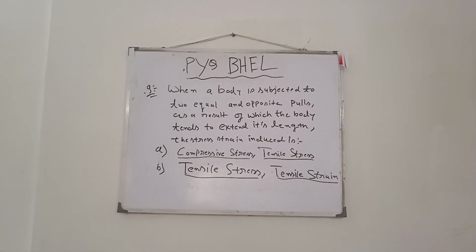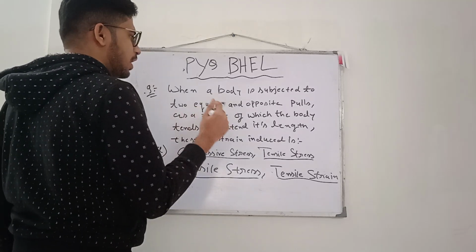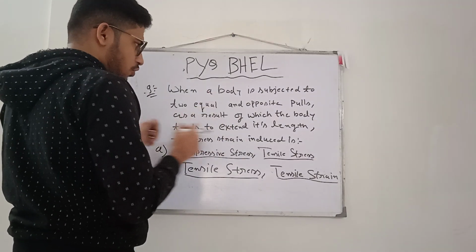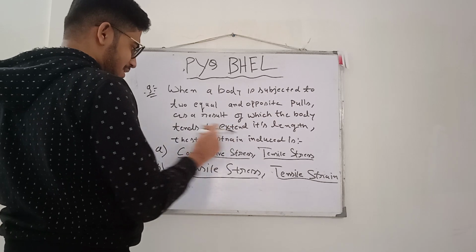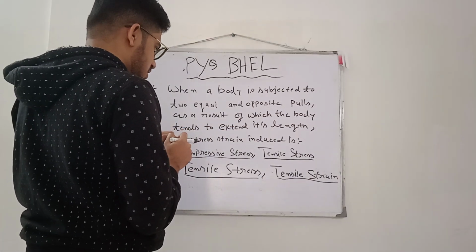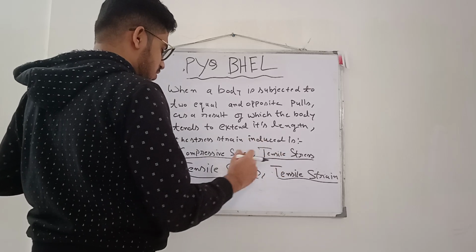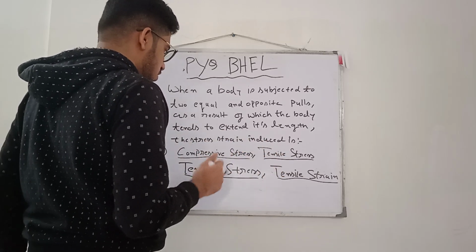Okay. So when a body is subjected to two equal and opposite pulls, as a result of which the body tends to extend its length, the stress and strain induced is called what?